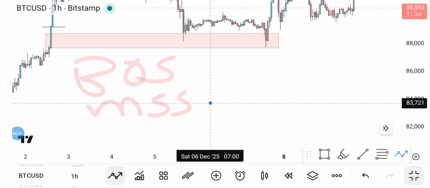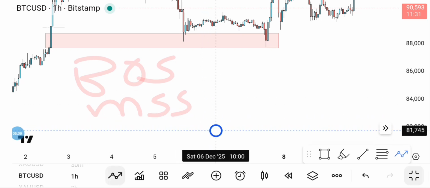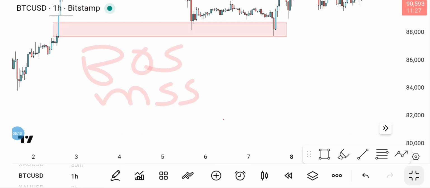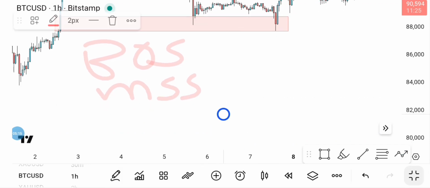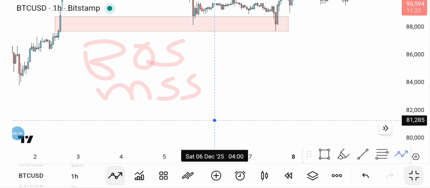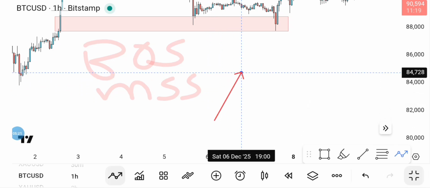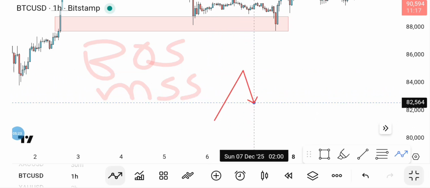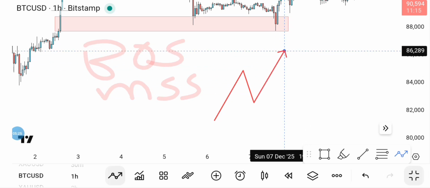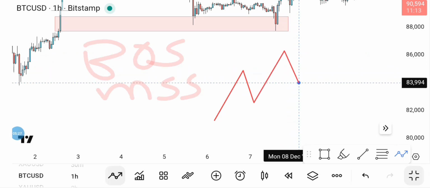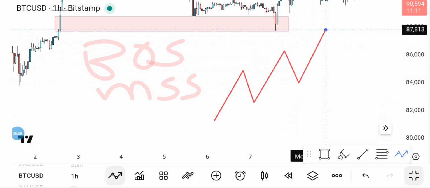Now we see the market in an uptrend formation. The first move, the price comes back, moves upward, comes back, moves upward, and again and again.